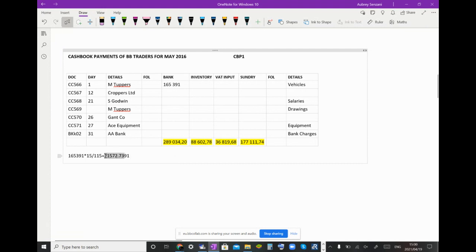All right, copy that, and that is going to go into our input VAT column. That should be rounded off to 74. Right. Then under sundry, we're going to put the difference between the two, and what is that difference?